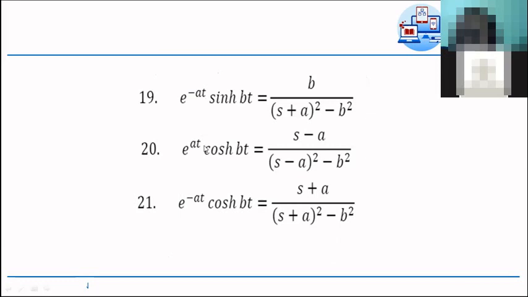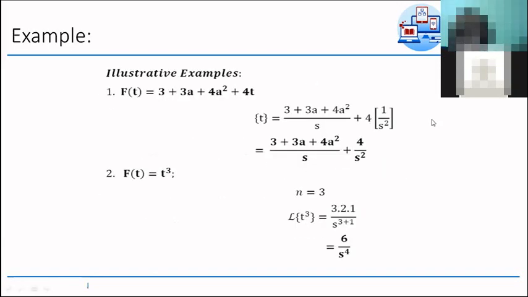E raised to a multiplied by t cosine of b multiplied by t is equal to s minus a quantity divided by s minus a squared minus b squared. The last formula, e raised to negative a multiplied by t cosine of b multiplied by t is equal to s plus a quantity over s plus a squared minus b squared.